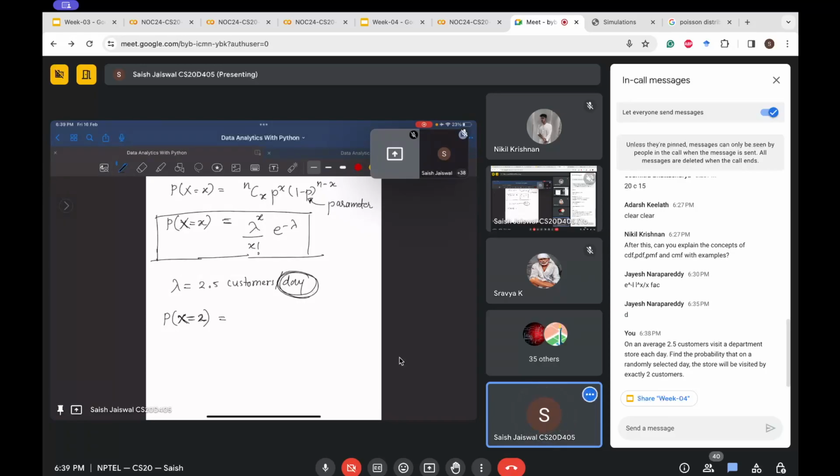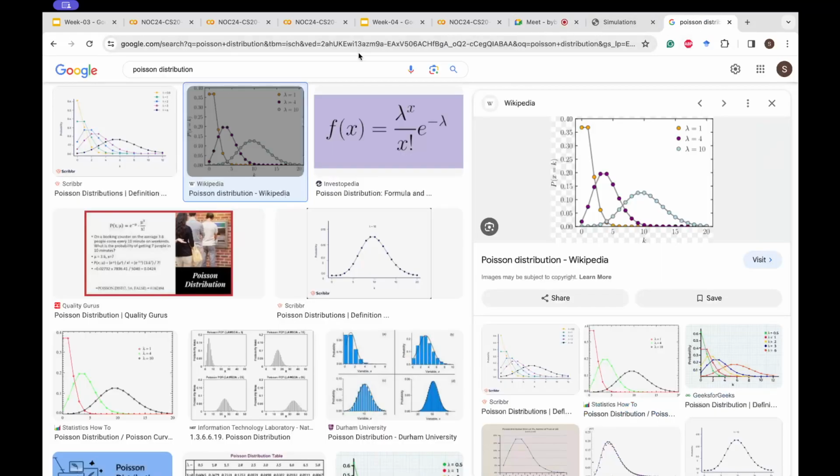It will be 2.5 raised to 2 upon 2 factorial e to the power minus 2.5, and the value of e is generally, what is the exact value of e? It is 2 point something, right? Okay, let me see the precise value of e.